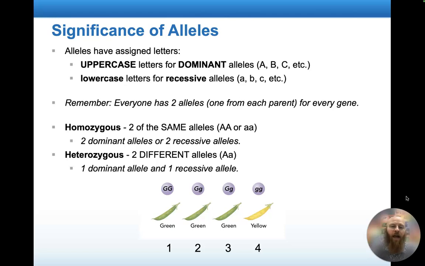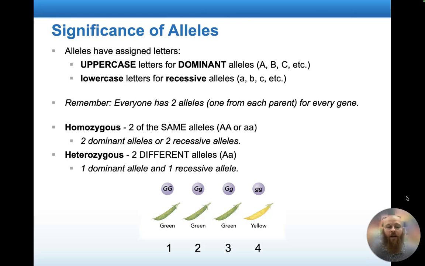We have to remember, everyone has 2 alleles, one from mom and one from dad, for every single gene in our bodies. And whenever those 2 alleles come together, there's 2 main ways in which they can do so. We could have a homozygous combination, which means that we happen to get the same allele from both parents for a certain trait.